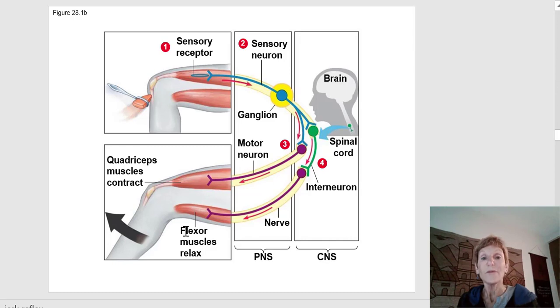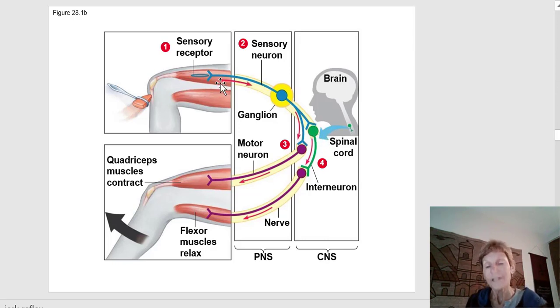But at the same time, you want its antagonistic muscle to relax. You can't have them both contracting at the same time, otherwise you wouldn't do anything. Okay, so you want one muscle to contract, that is this muscle, and you want this muscle, which is your hamstring muscle, to relax. And so this sensory neuron actually splits and does two things, which is kind of cool.